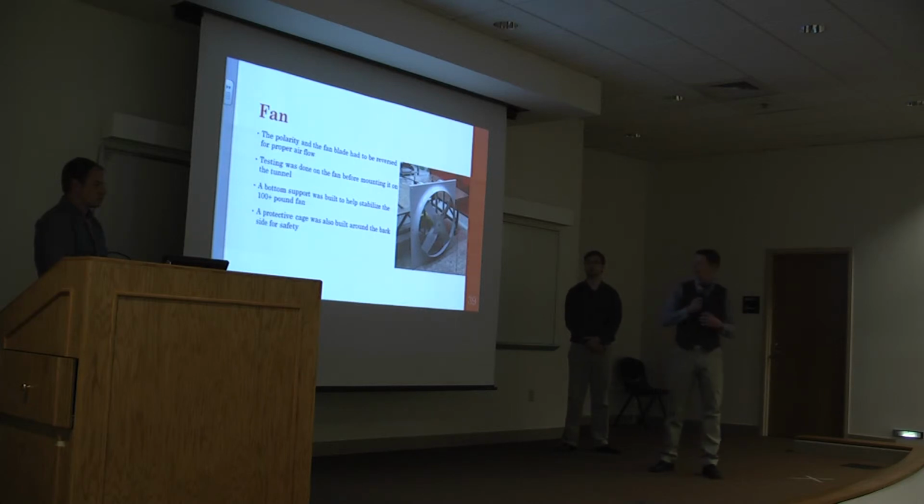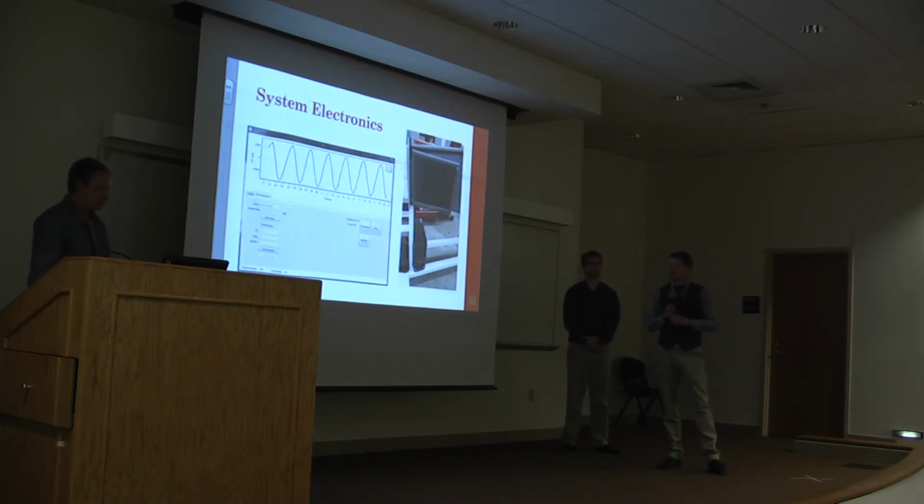It was really heavy, so we added more structural members to the bottom of the frame, so it was able to support the fan. A protective cage we put on the back as well, because we don't want anybody getting hurt, as people will be walking around it and messing with it.